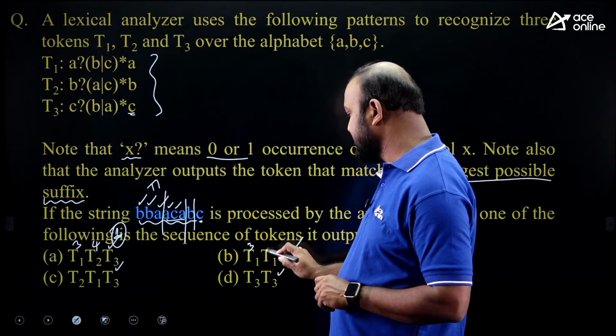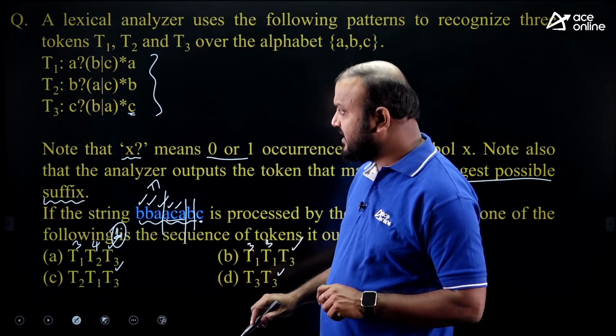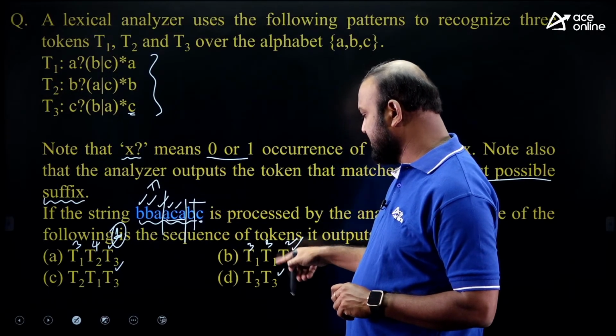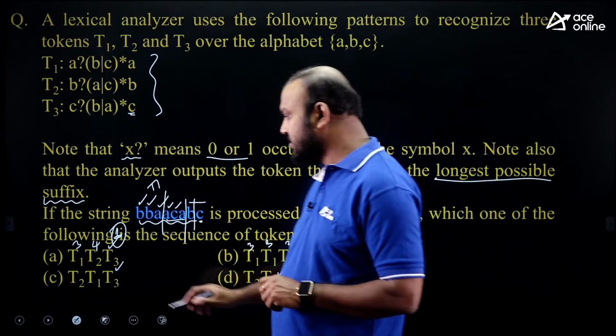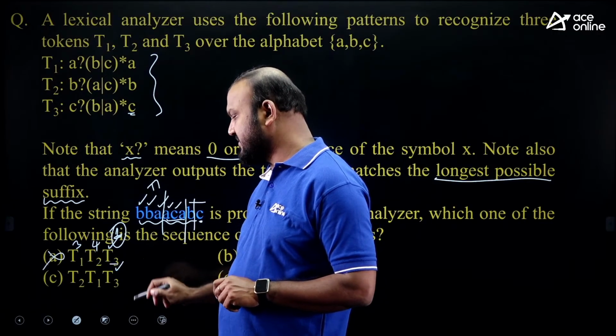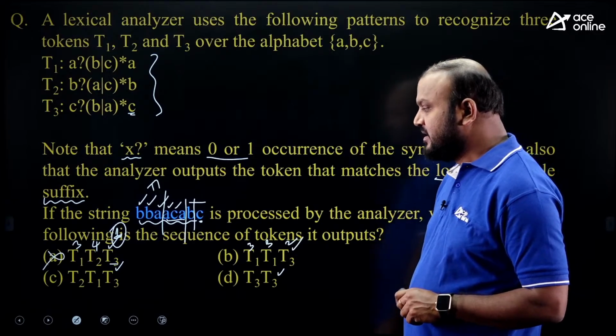Now token 1 is of length 3, token 1 again is of length 3, and token 3, C question mark, (B|A) star, C, so the length is 2. Because here the suffix length is 2, option A is wrong, since the longest possible suffix is asked. For option A the suffix is of length 1, in option B the suffix is of length 2.